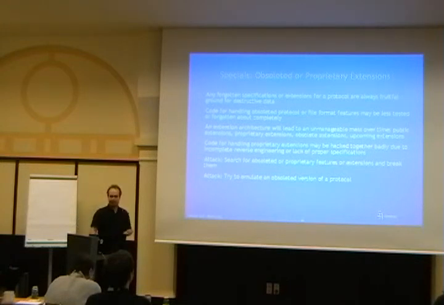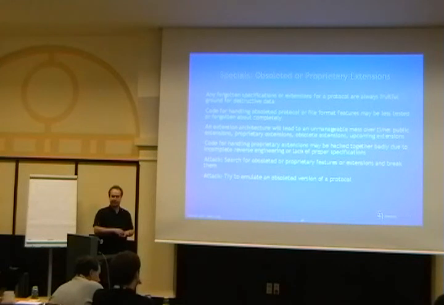And again, this code might be much less tested or even forgotten about completely. So there might be a module that parses a particular obsoleted protocol specification, and nobody really even cares about testing it. The architecture for handling extensions is usually very general. There are things added over time to many implementations to handle new extensions.